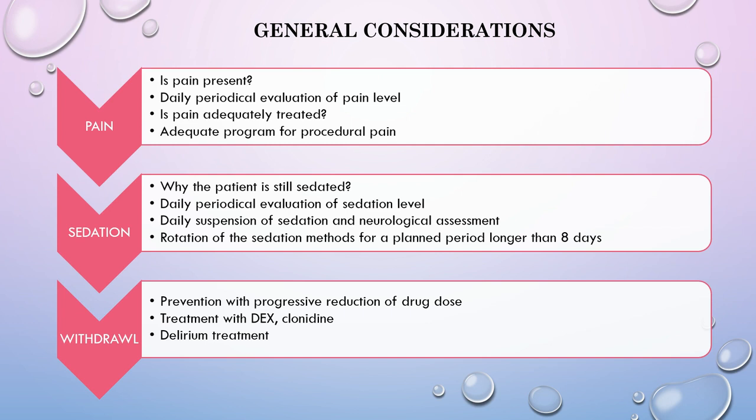We need to prevent the withdrawal syndrome with, as I said before, the progressive reduction of the drug dose, and to treat it very fast if we are in front of this kind of side effect. So to improve the general outcome of our patients.